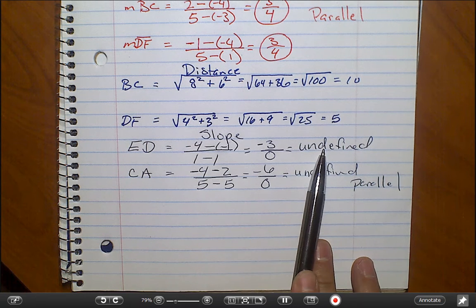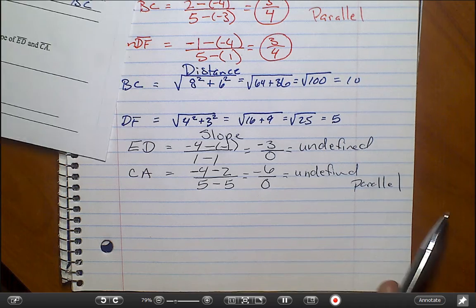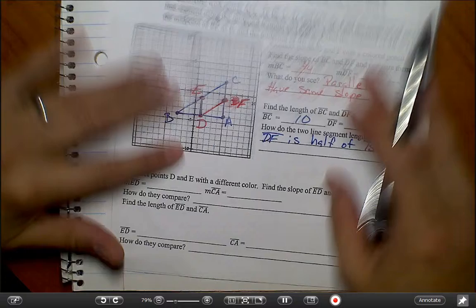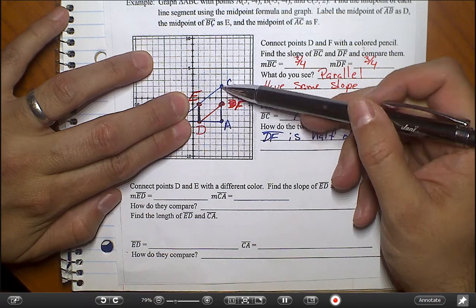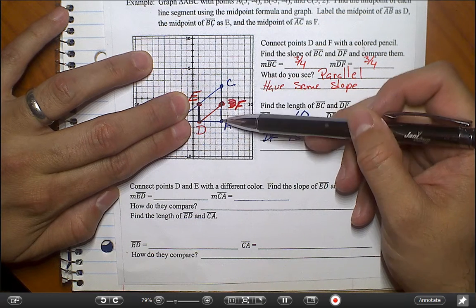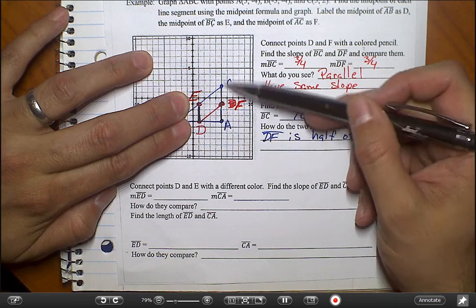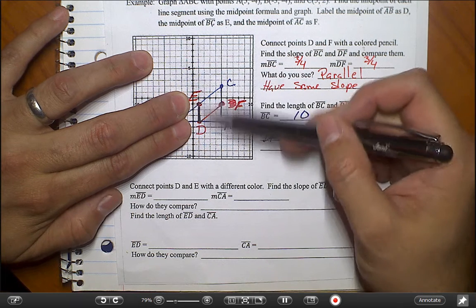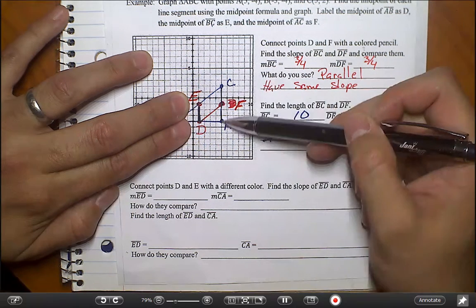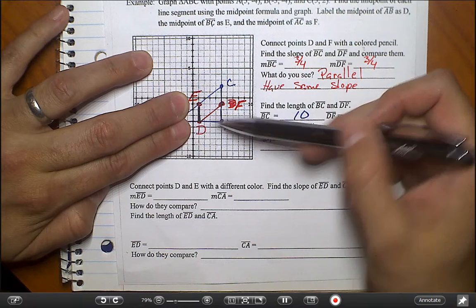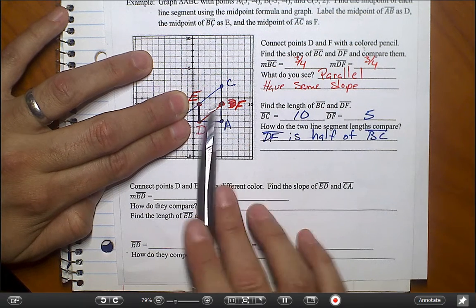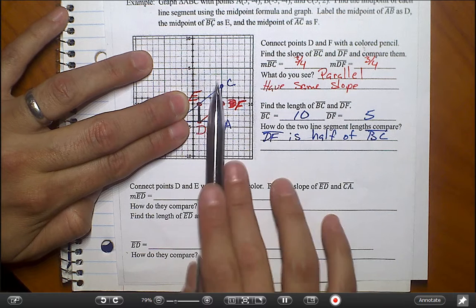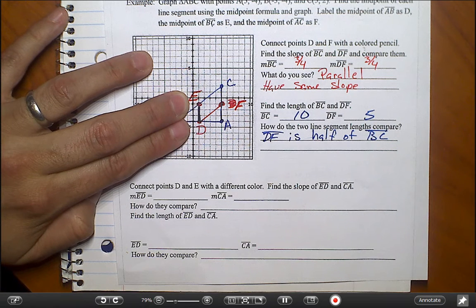Okay, so now, you ready to look at it? So let's just look at it right here. So we talked about ED and AC, right? So these two lines, they're vertical lines, aren't they? Yeah. They're both vertical lines, so they're undefined. And if you notice, they keep going in the same direction, don't they? If they were to keep going, they are undefined, and they're going to be parallel.